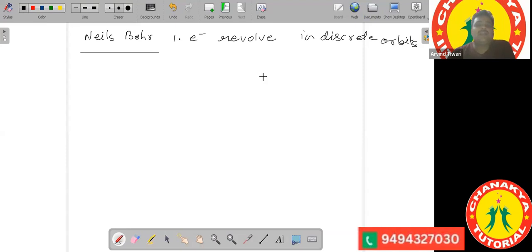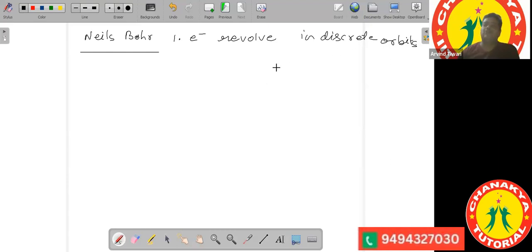There is a capacity of each orbit. It's not that any number of electrons can orbit anywhere around the nucleus. There is a fixed orbit only where you can find an electron.